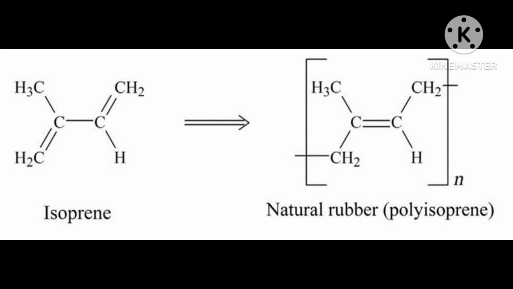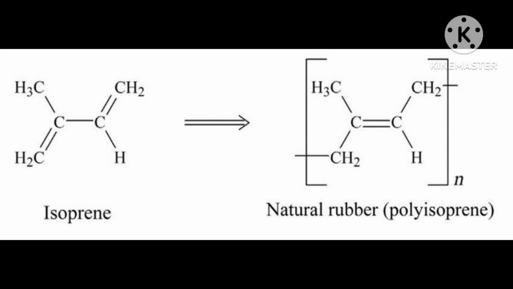Now this carbon which is joined with the benzene ring has one electron, and the fourth carbon of the butadiene also has one electron. Both will join and make a bond, meaning styrene and 1,3-butadiene are joined. The product you got is the butadiene styrene copolymer.